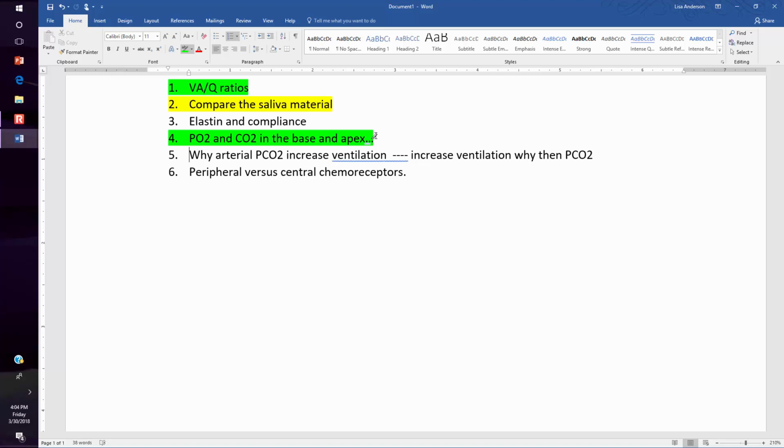So the bottom of the lung is going to be somewhere in between shunt and perfect. So the PO2 is going to be something like 89. And the PCO2 is going to be something like 42.